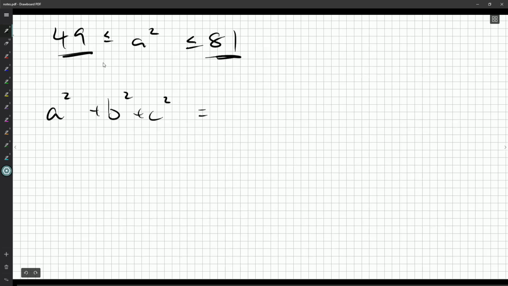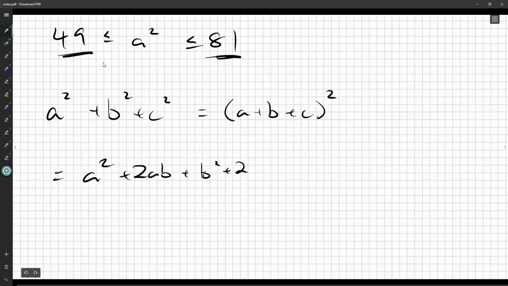But we could do something like A plus B plus C squared. And that's A squared plus 2AB plus B squared plus 2BC plus C squared plus 2CA. And these guys seem familiar.